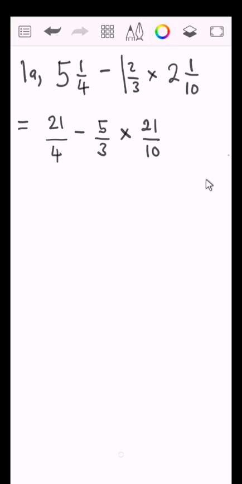From the law of precedence yatabva kuillustrator, tikatarisa these numbers tinoona kuti zvakanzi 21/4 minus 5/3 times 21/10. So tine subtraction ne multiplication. Tinofanirwa kutanga ta multiplier before ta subtractor. Meaning kuti tichadai so 5 into 5 ndi 1, then 5 iyi inopinda twice muna 10. 3 into 3 ndi 1, then 3 into 21 ndi 7.